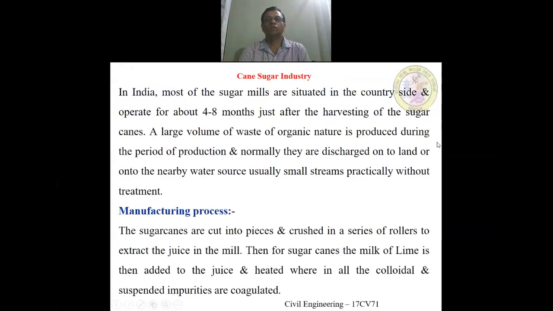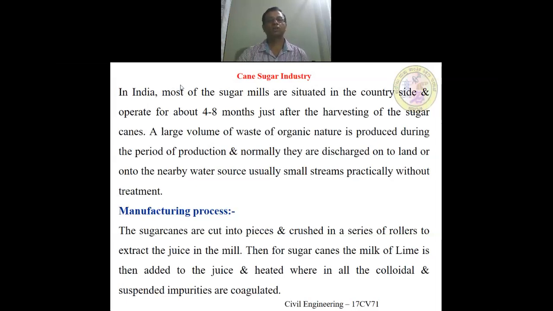In India, the sugar industry is one of the main bases of our country's economy. This industry operates for about 4 to 8 months after the harvesting of the sugar cane.